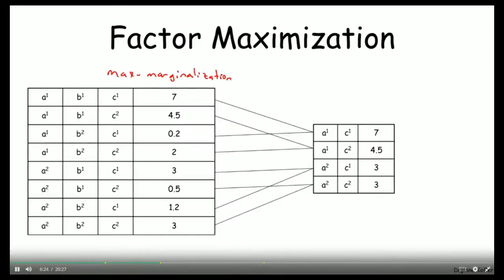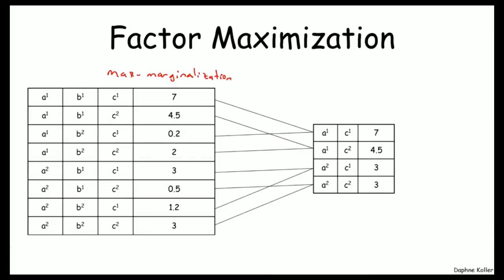And what it does is, I'm trying to get rid of B, I have these two rows here, say for example, A1, B1, C1, and A1, B2, C1 that only differ on B. And my new entry here, A1, C1, is going to be the max of these two entries over here, which in this case is going to be 7. And similarly for, say, A1, C2, I'm going to end up with a max of 4.5 and 2, which is 4.5. So this is another form of marginalization where I remove the variable B, but using an operation other than summation.